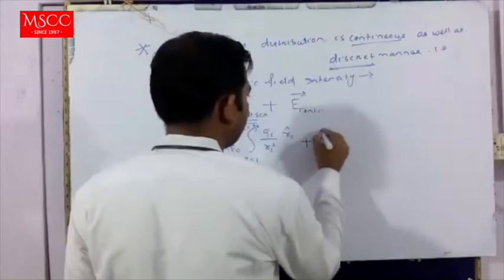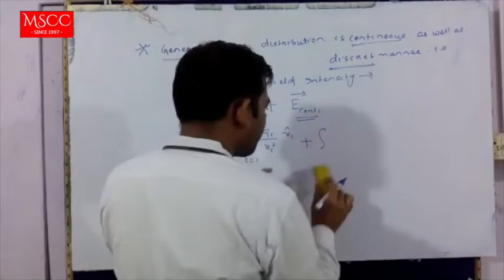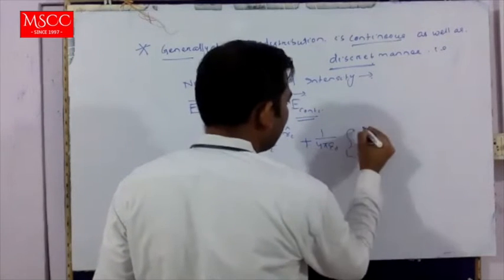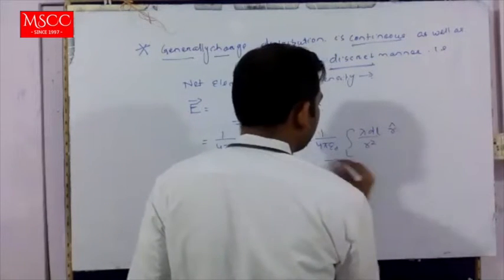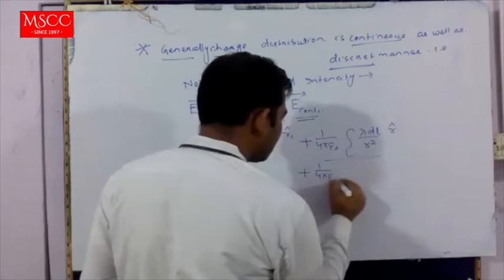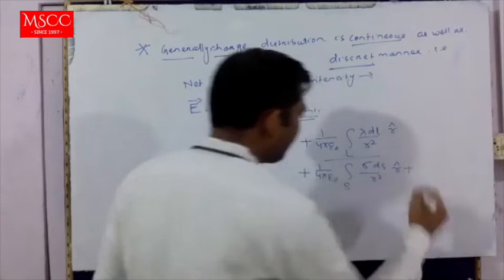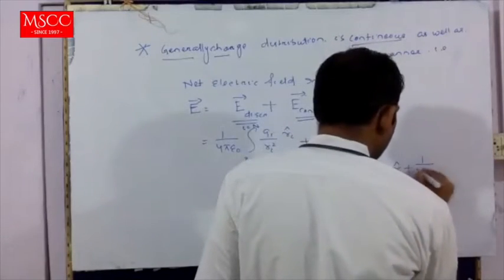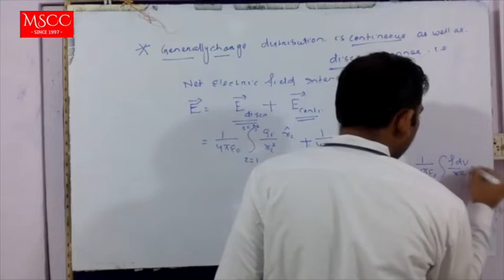plus, in this case, continuous manner: 1 by 4 pi epsilon naught integral of lambda dl by r square r cap for a linear charge distribution, plus 1 by 4 pi epsilon naught integral of sigma ds by r square r cap for surface charge distribution, and the third one is 1 by 4 pi epsilon naught integral of rho dv by r square r cap.